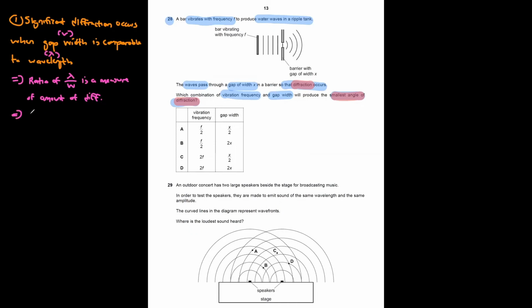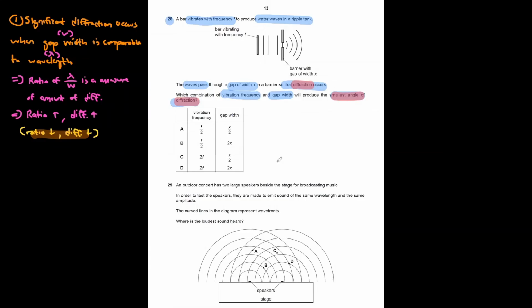When the ratio increases, your diffraction increases. So the converse will also be true. When your ratio is small, your diffraction is going to be small. We are more interested in this ratio now. When the ratio is small, the diffraction amount is going to be small, giving us a small angle of diffraction.